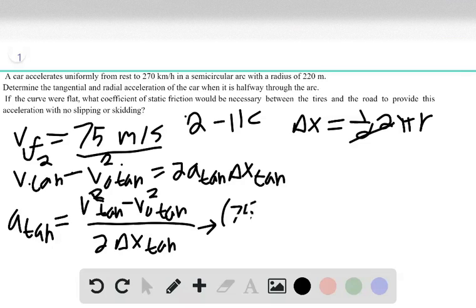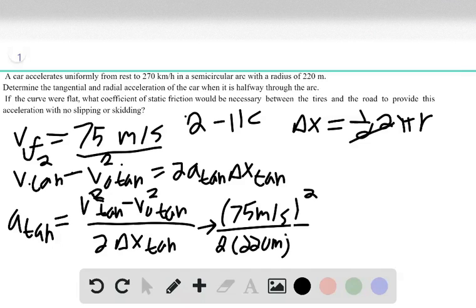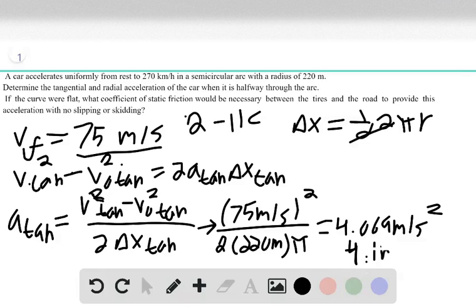So 75 meters per second, squared, divided by 2 times r, 220 meters, times pi. And that gives us a tangential acceleration of 4.069 meters per second squared, which we can equate to 4.1 meters per second squared.